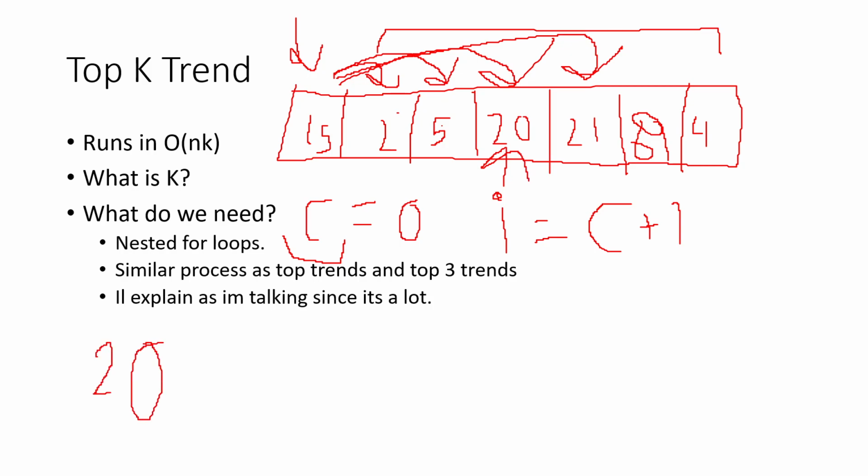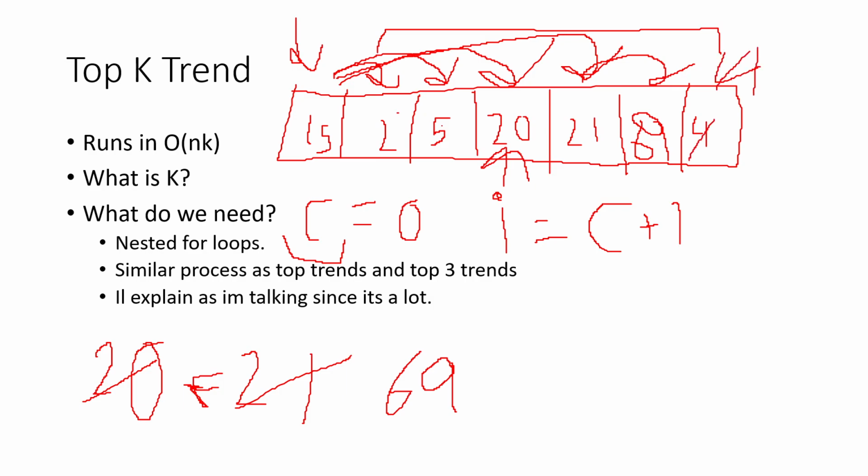So it's 20. You can swap it if you want, but I'm just going to keep track that this is the biggest one. Then my next biggest one is going to be 21, so I remove this one and put 21. Then 21, 69, so I remove this one and it's going to be 69 now. And there's 4, and 4 doesn't do anything to us.